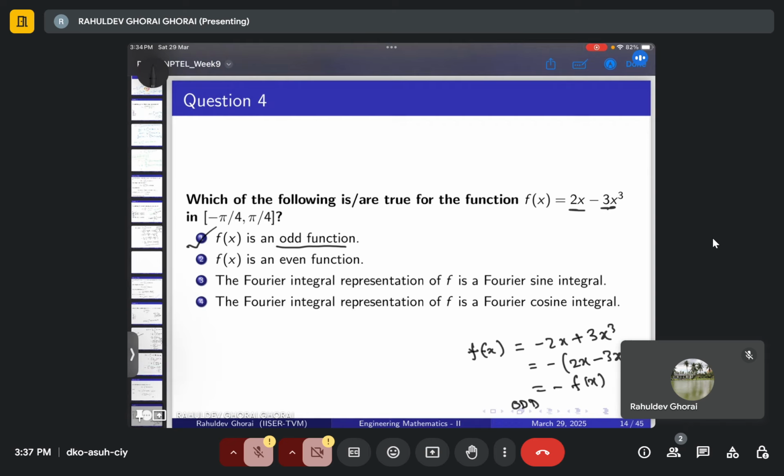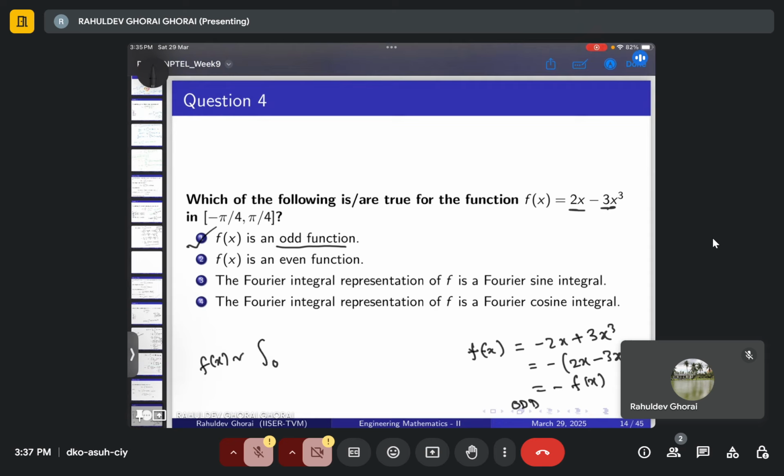Next, is the Fourier integral representation of f a Fourier sine integral or a Fourier cosine integral? How to understand that? Mainly you just look at what f(x) is.